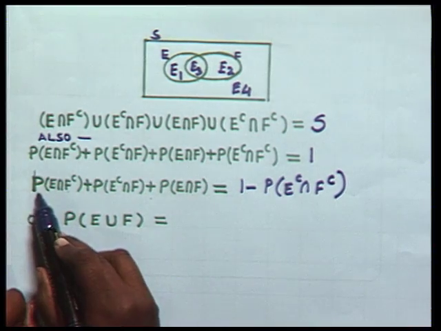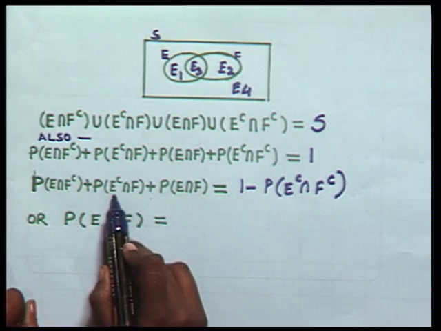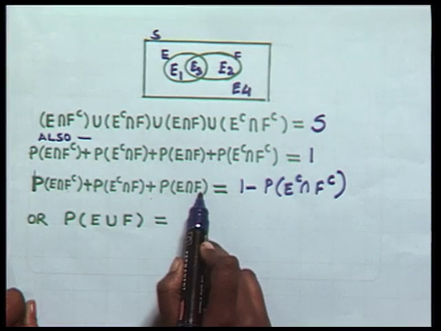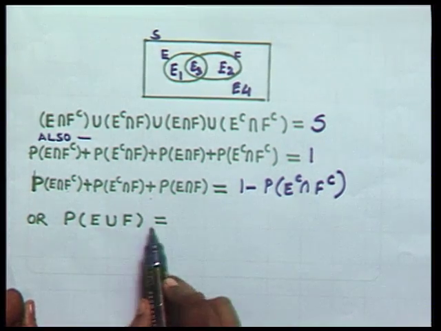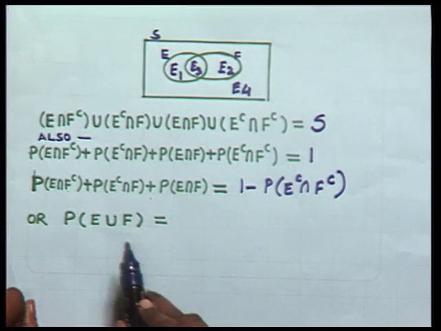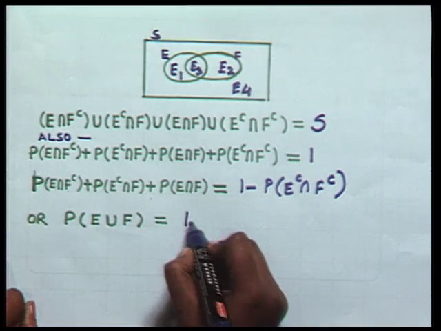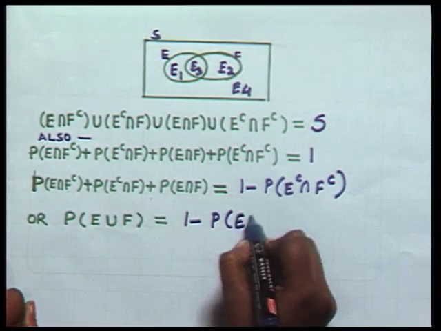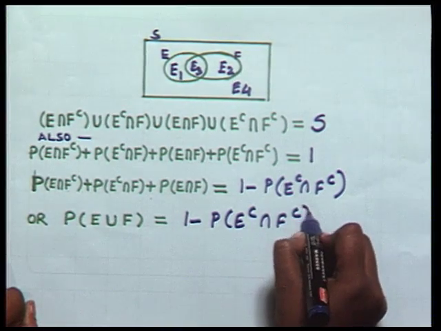But we know that probability of E intersection F complement plus probability of E complement intersection F plus probability of E intersection F is nothing but probability of E union F, and therefore probability of E union F is given by 1 minus probability of E complement intersection F complement.